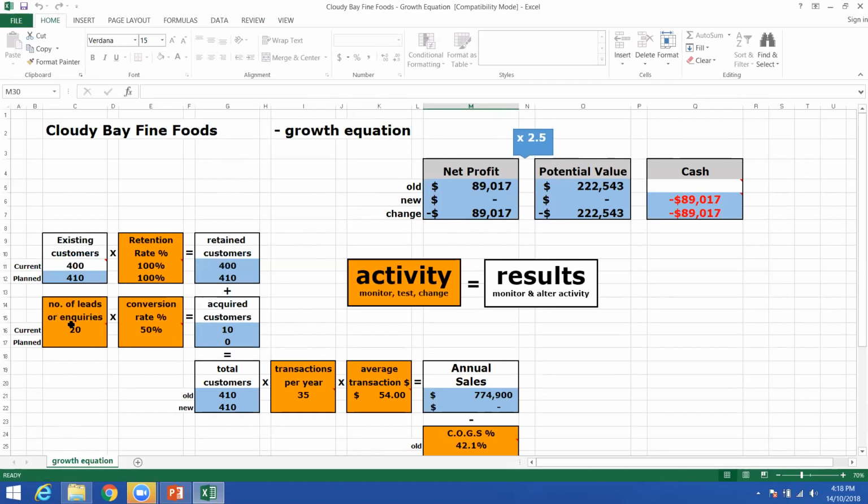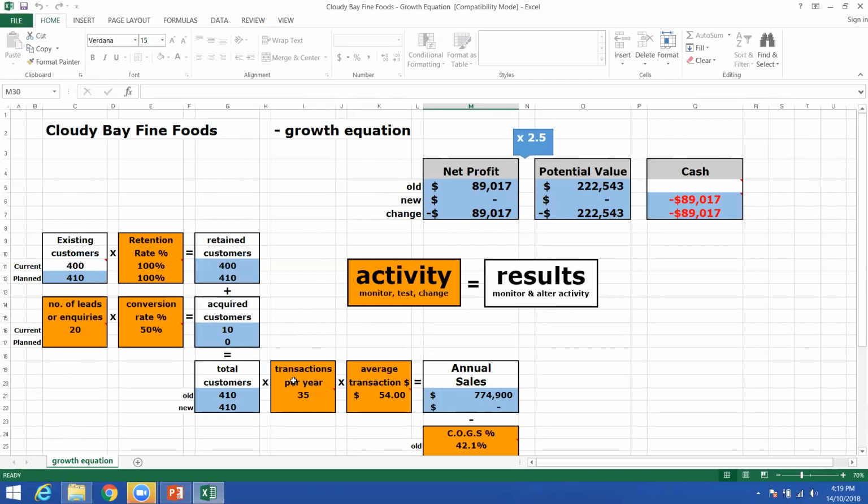During the year, she has 20 odd new potential customers or leads walk through her door. She's converting half of those into customers. So at the end of the 2018 year, she has 410 customers.